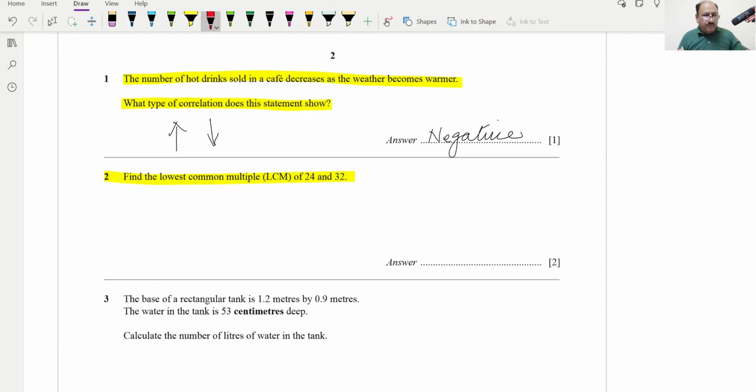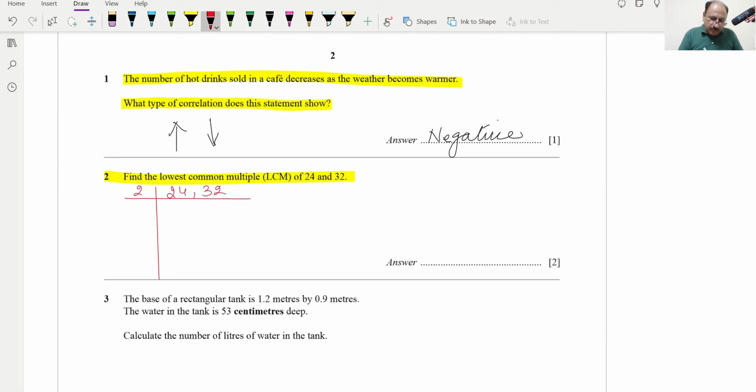Then find the lowest common multiple, LCM, of 24 and 32. To find the LCM, we will use the division method. For the division method we can write like this: 24 and 32.